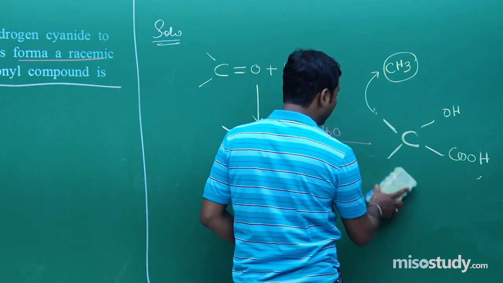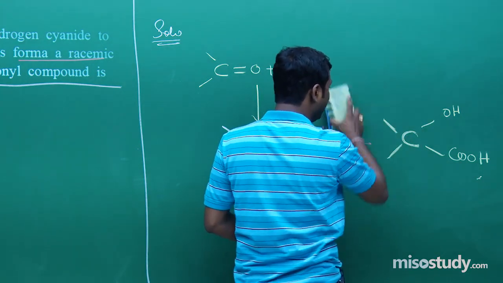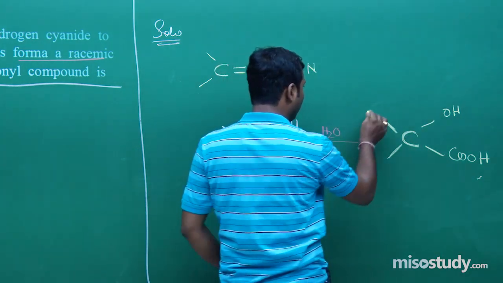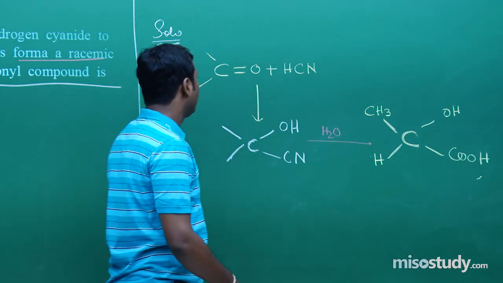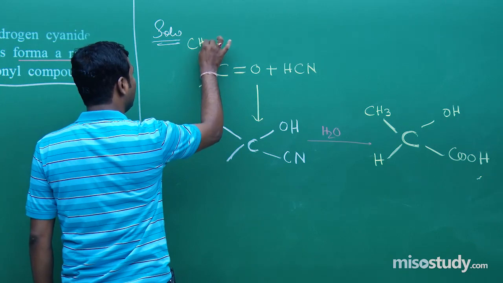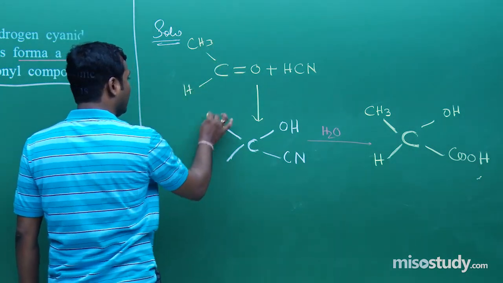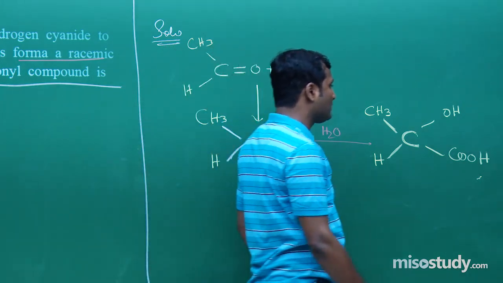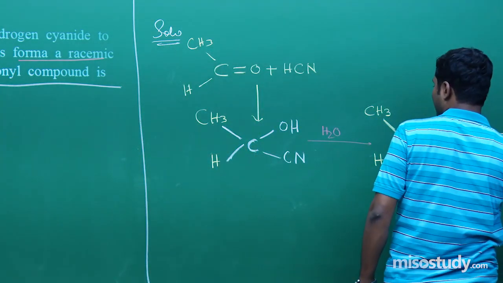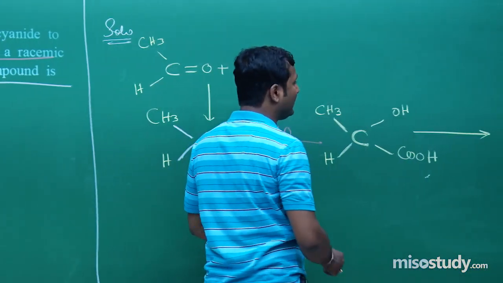Now what will happen if I take an asymmetric carbon with CH3 and H? Check it out. CH3, now H. Clear? Now put here CH3, then H. Now in this case, what will happen? They are optically active.